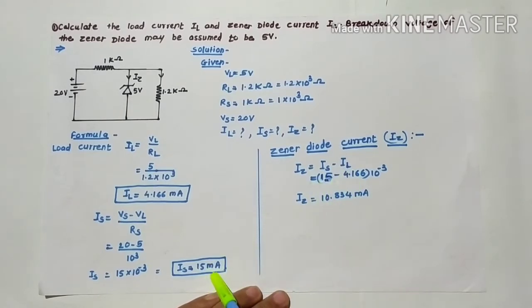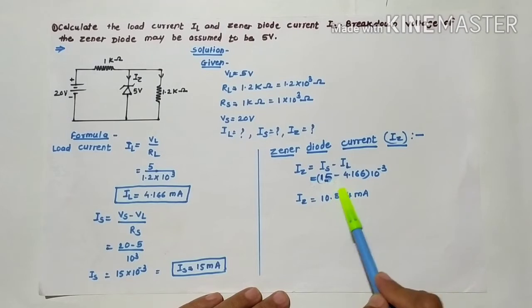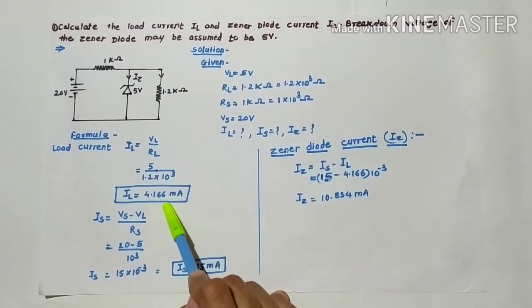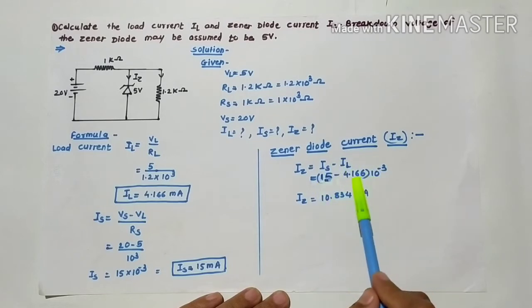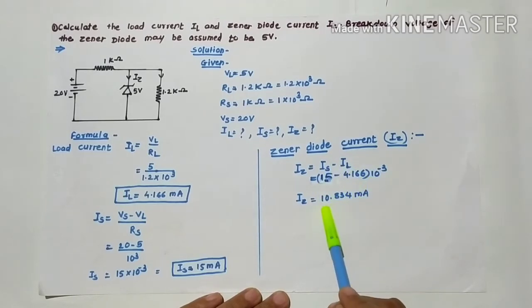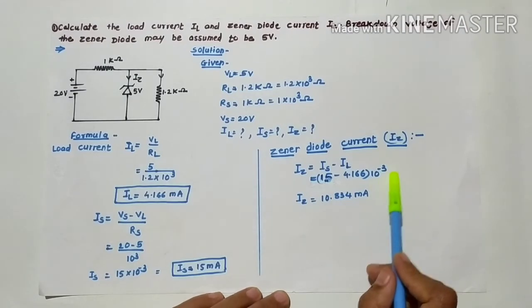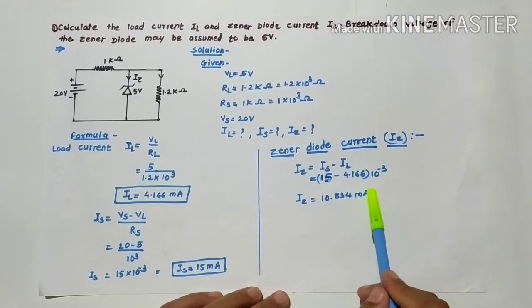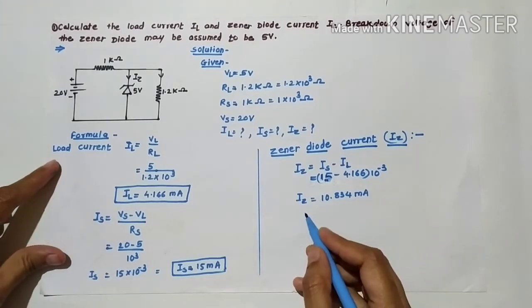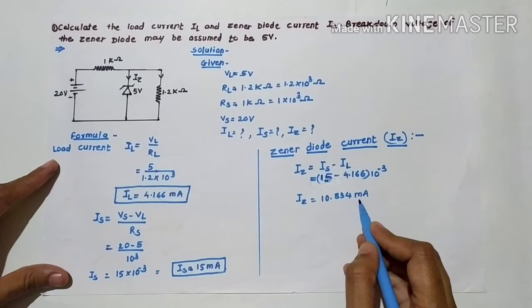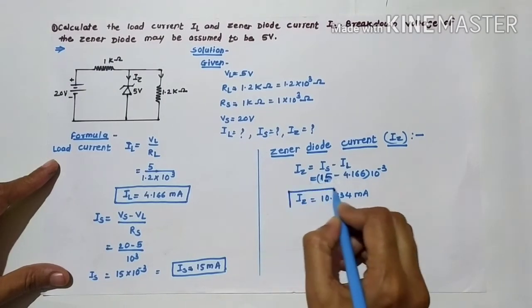The value of IS is 15 milliampere and IL is 4.166 milliampere. By subtracting both these terms we get 10.834 into 10 raised to minus 3, and 10 raised to minus 3 is nothing but milli. So IZ is 10.834 milliampere.